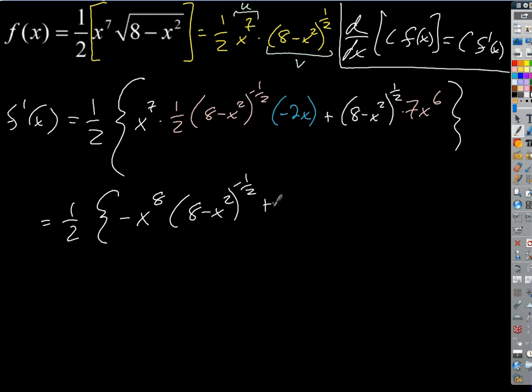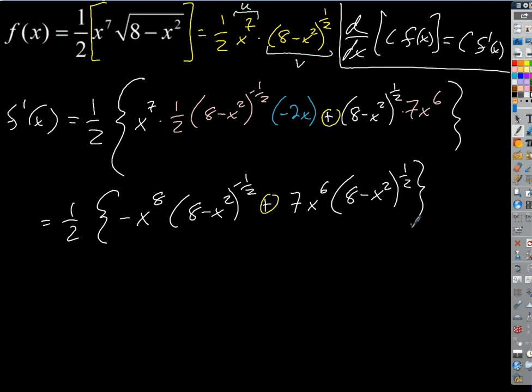You also have a 7x to the 6. Okay, but I've got another term there. So we've got to clean up this term. We would just put the coefficient and the power out front, and we're going to get a 7x to the 6th times 8 minus x squared to the 1/2, right?